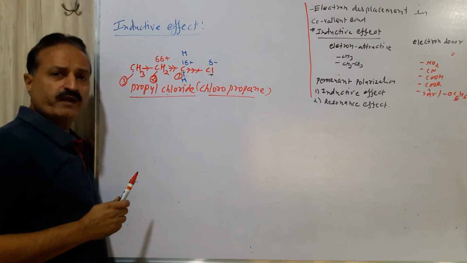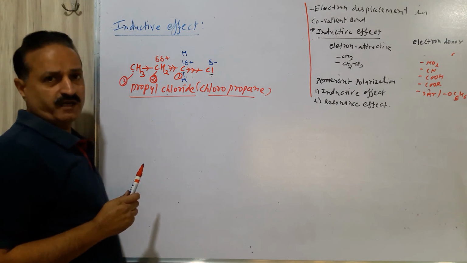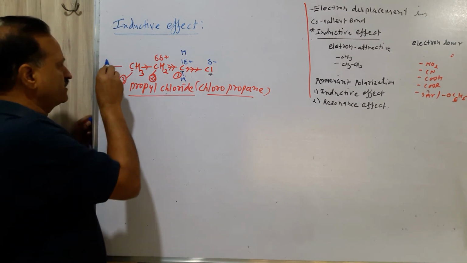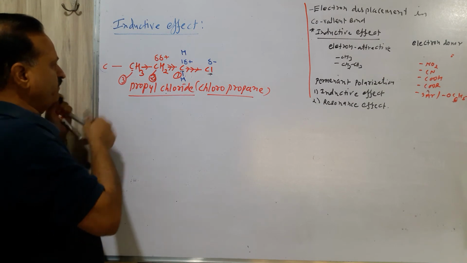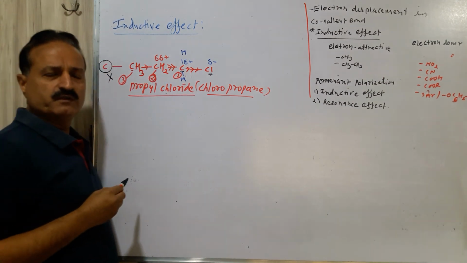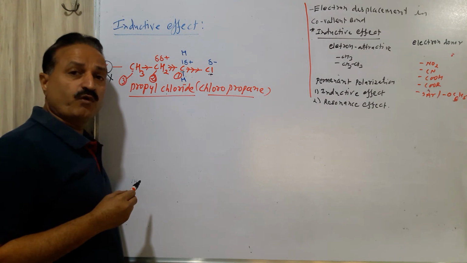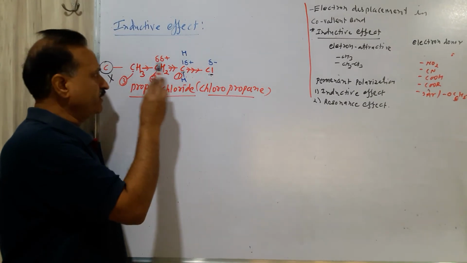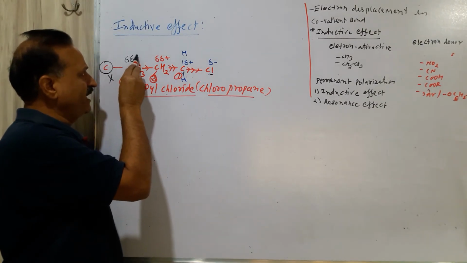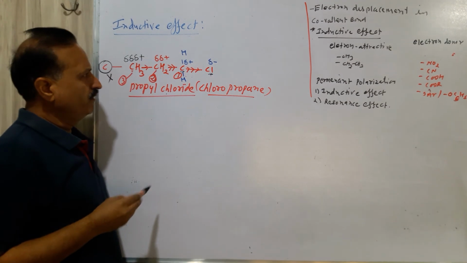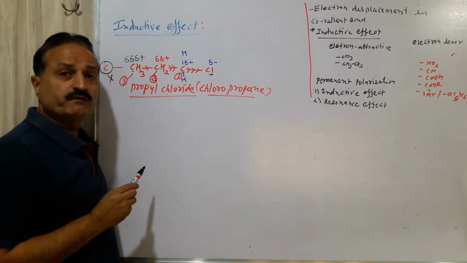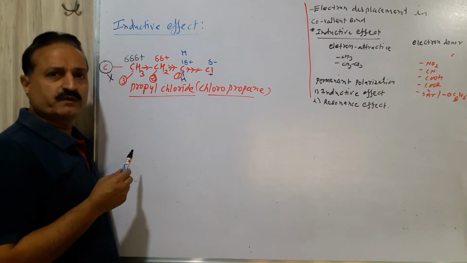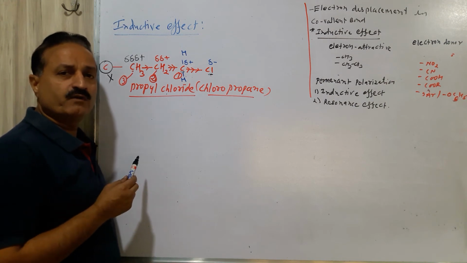The inductive effect is transferred to only three carbons. If there is another carbon, the inductive effect will not be done on that carbon. The first carbon has more inductive effect, so it is delta delta delta plus. Very little inductive effect is done on carbon number 3. After carbon number 3, the fourth carbon has no inductive effect.